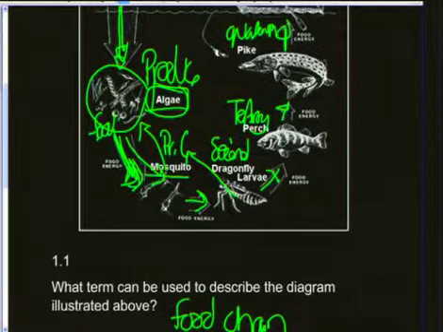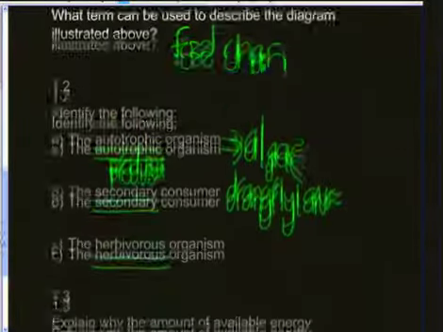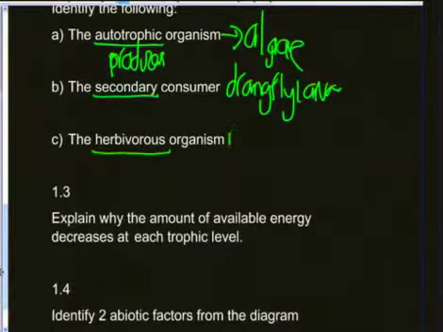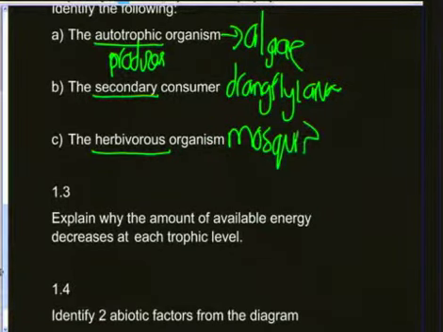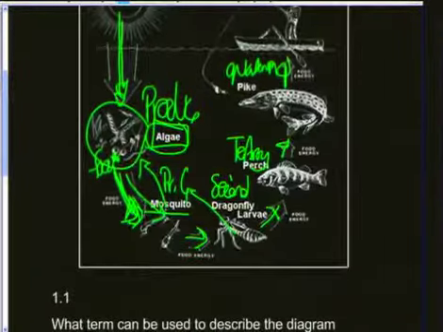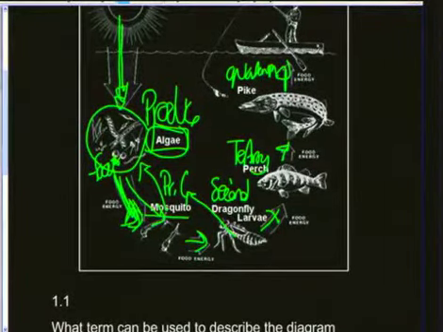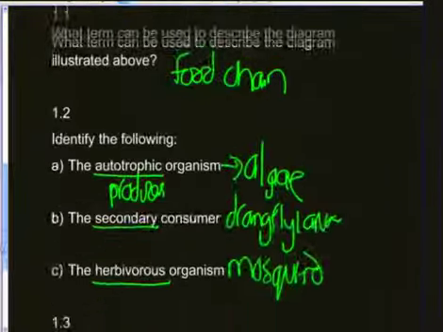My herbivore is eating the organisms that the sun was able to make food from, and that would have been my mosquito. Use your diagram. All the answers are in here. They're not asking you to use any other sources of information.